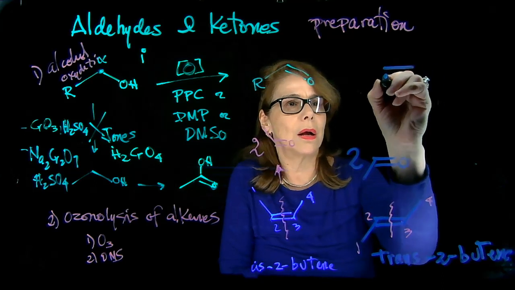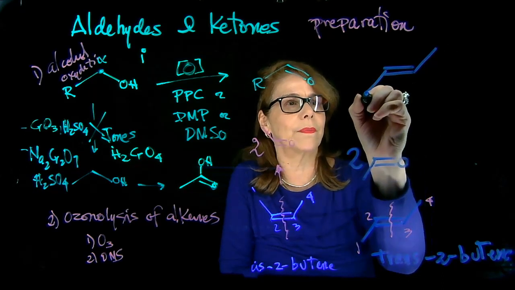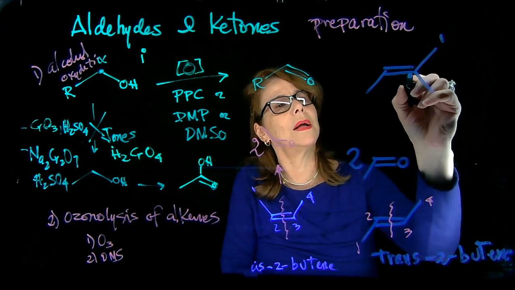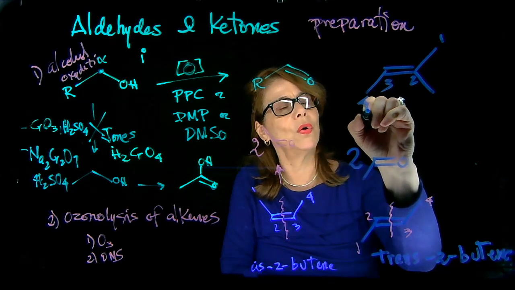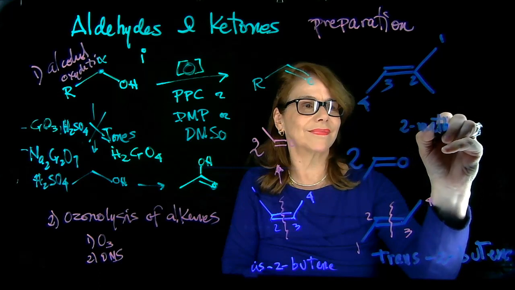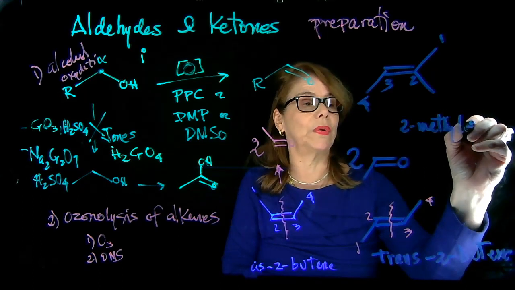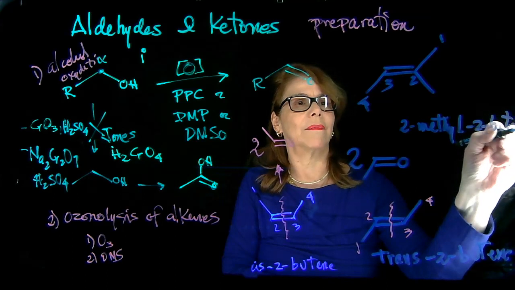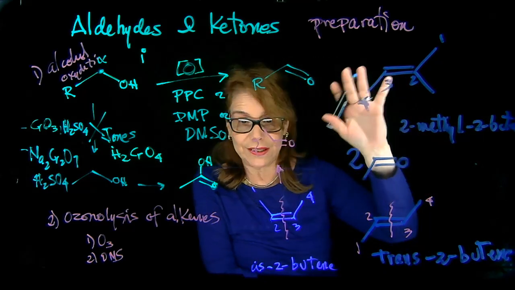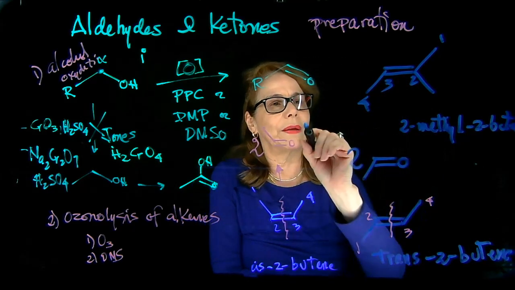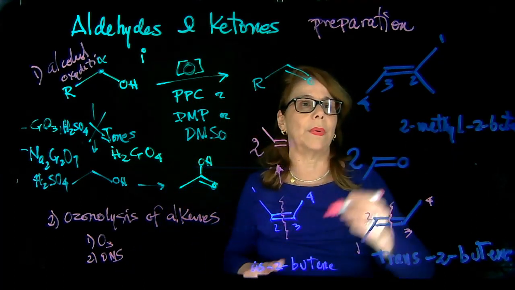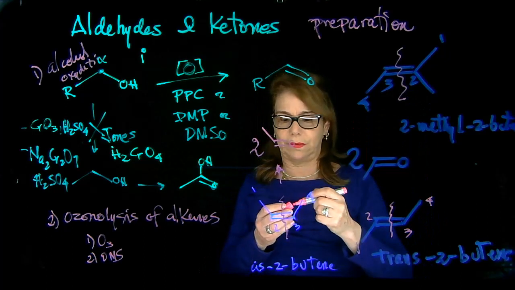Let's do another molecule. So if I do this, 1, 2, 3, and 4, this is going to be 2-methyl-2-butene. And here, these substituents are the same, so we don't have E or Z isomers. Okay, now, what are we getting when we do the ozonolysis of that compound?